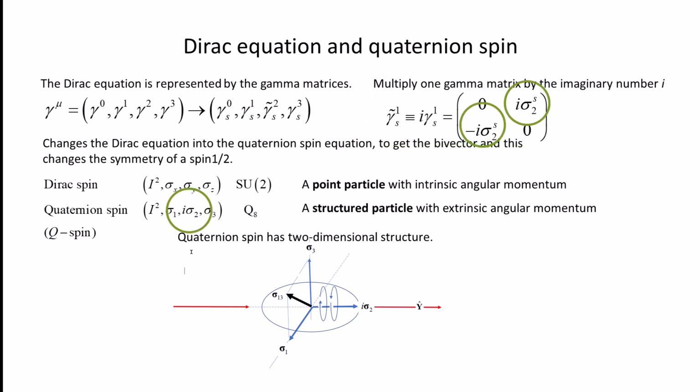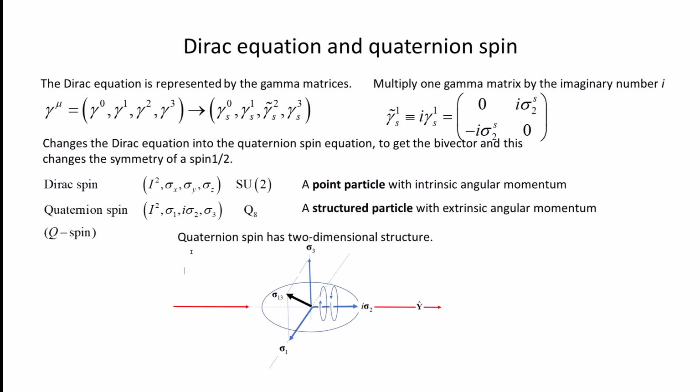Introducing a bivector changes the symmetry of the two-dimensional Dirac equation from the usual SU2 to being a normal subgroup of the quaternion group, Q8. Call this set of spin components the quaternion spin or Q-spin.